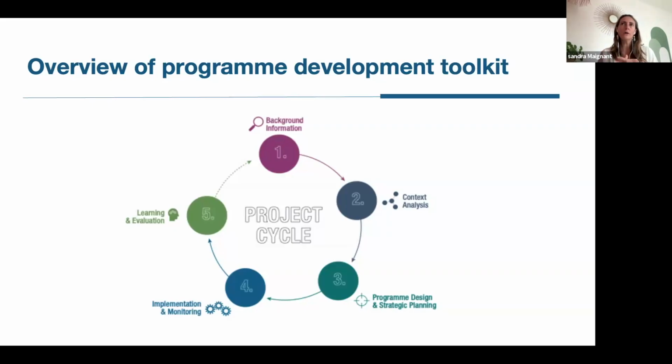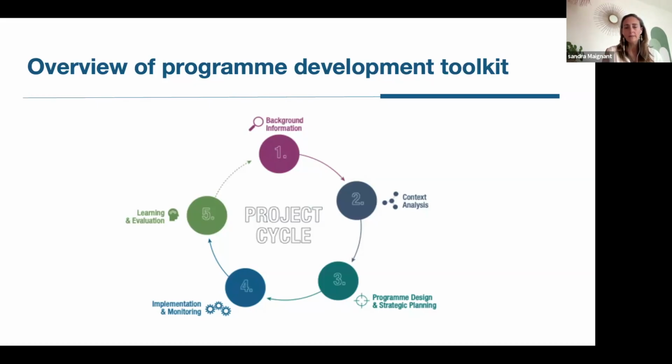The first one, Module 1, is focusing on background information, like the forms of child recruitment, the risk factors, protective factors, and also the legal framework. The second module is focusing on context analysis, and this is where we document the situation.